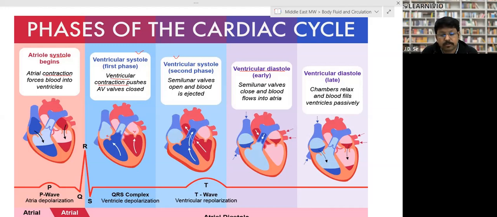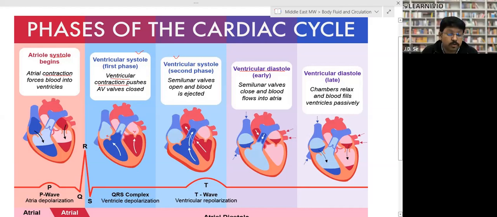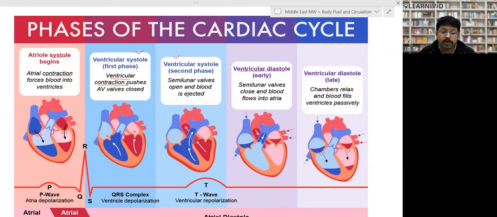Look once more. If it's clear, take the screenshot and expect that you will draw it. Sir, can you explain the last 2 points? Yes, the last point is about when the T wave forms. What does this T wave represent?